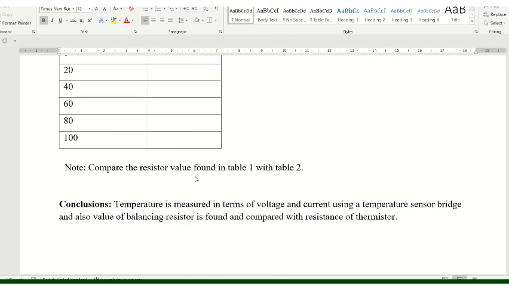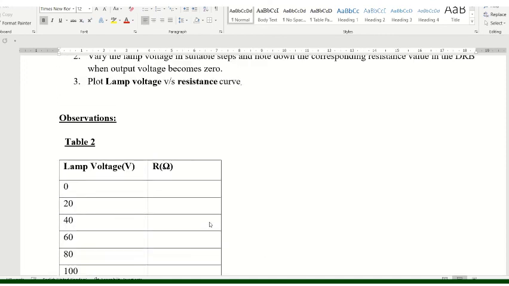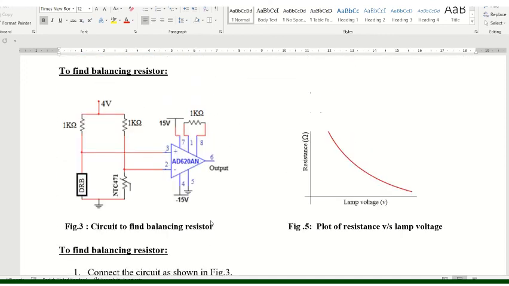So that is about this experiment, wherein temperature is measured in terms of voltage and current using the temperature sensor bridge. And you are also finding the balancing resistor using the resistance of the thermistor, that is using the bridge here.